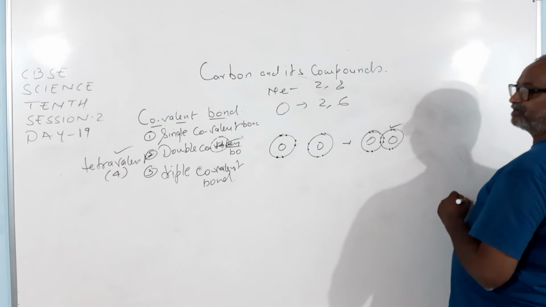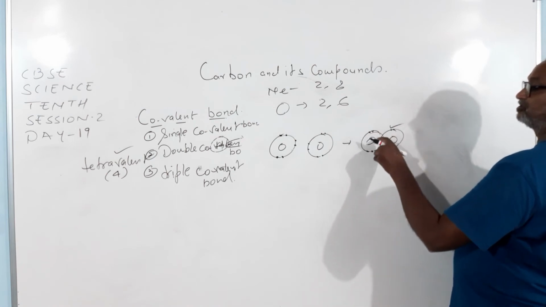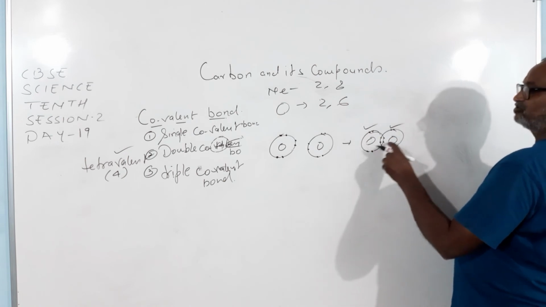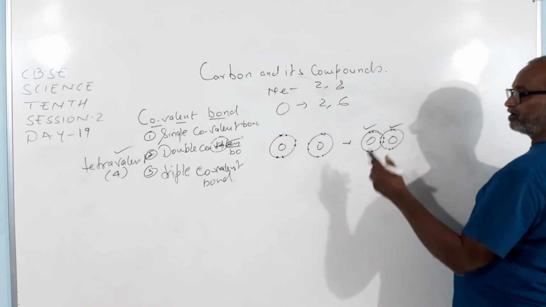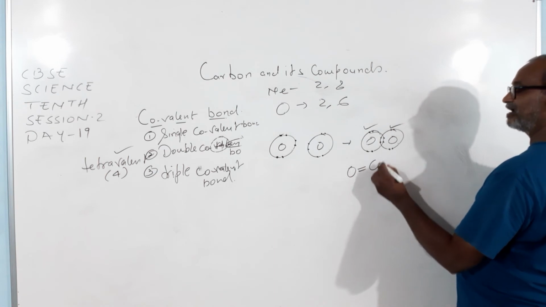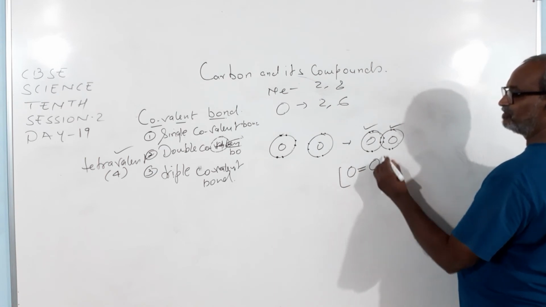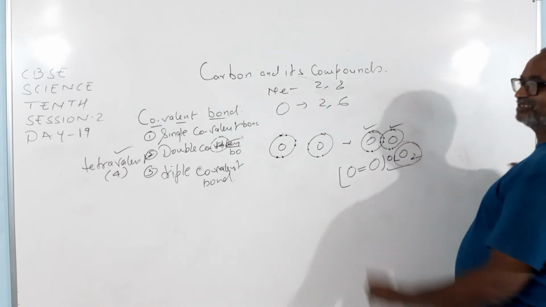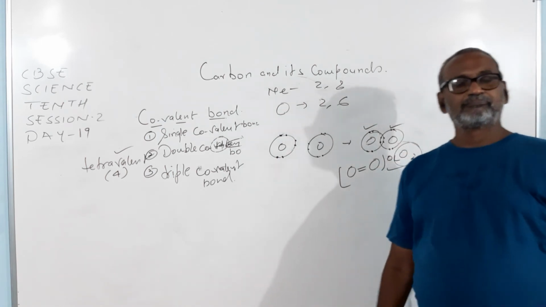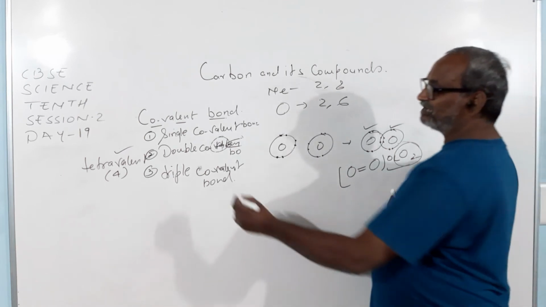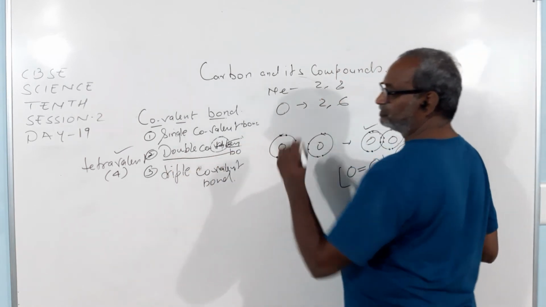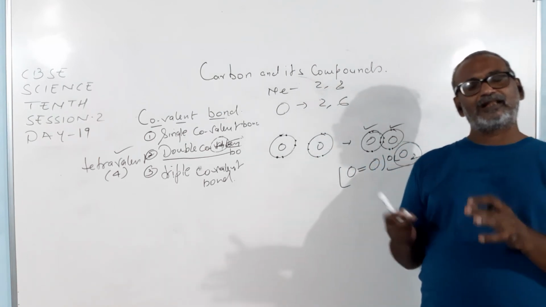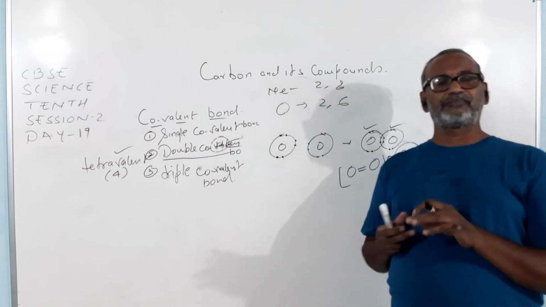Octet of this oxygen atom is completed. 1, 2, 3, 4, 5, 6, 7, 8. Octet of this oxygen is completed. Now 2 oxygen atoms are sharing 2 pair of electrons. Therefore, a double covalent bond is formed between 2 oxygen atoms to form molecule of oxygen. So when 2 atoms share 2 pairs of electrons between them, a double covalent bond is formed between them.